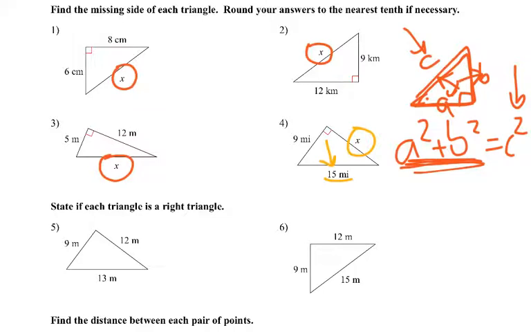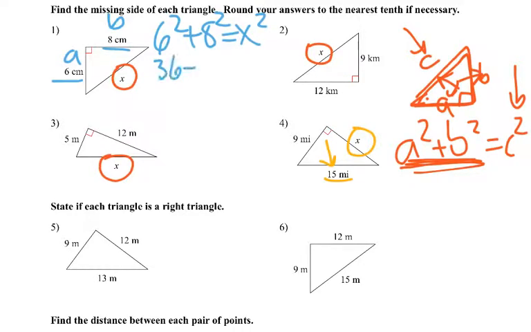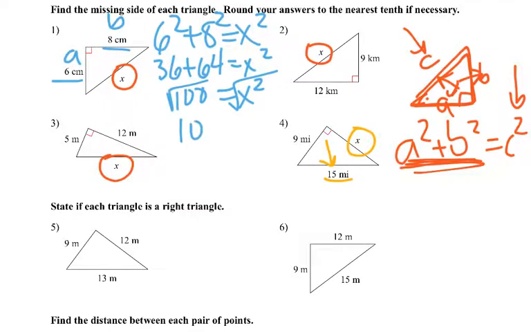So for 1, 2 and 3, we've got our two legs, A and B. So I go 6 squared plus 8 squared equals x squared. 6 squared is 36. 8 squared is 64 equals x squared. 36 plus 64 is 100. So we take the square root of that. If you need to, you type it into your calculator, but the square root of 100 gives us 10. So our answer here is 10.